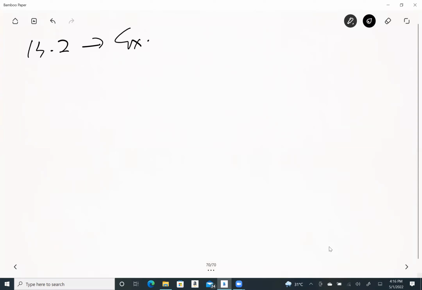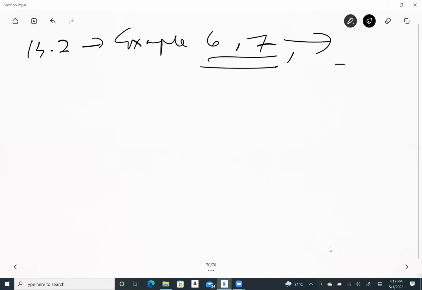Look at example 6 and example 7. And then you look at 13.3, the same, we have a similar problem. So these functions that we are talking about involve the exponent e.